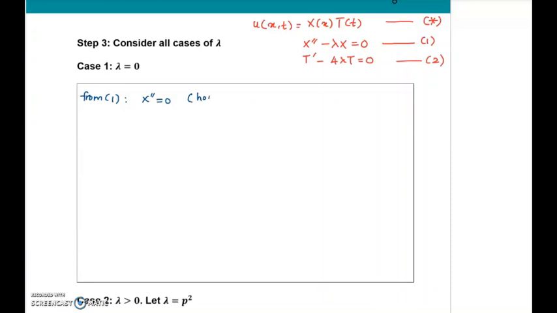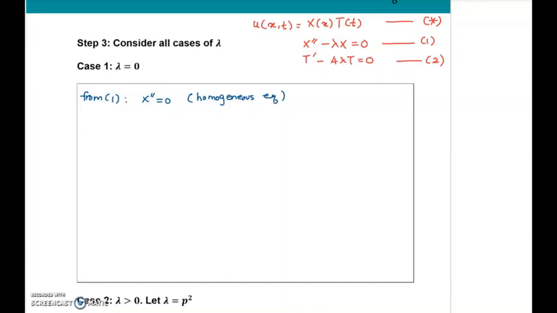This is a homogeneous equation. We don't have the first derivative term and we don't have the X term, but it's still a homogeneous equation.